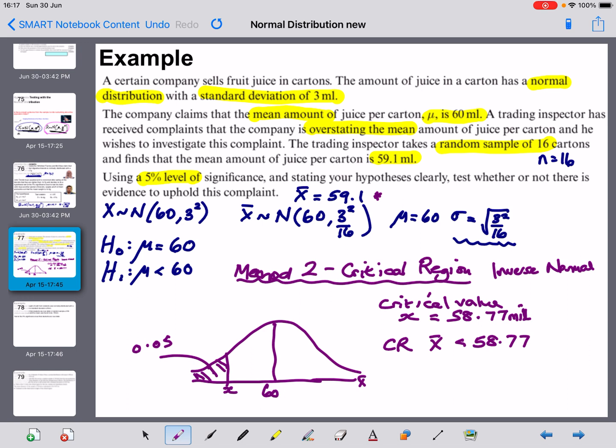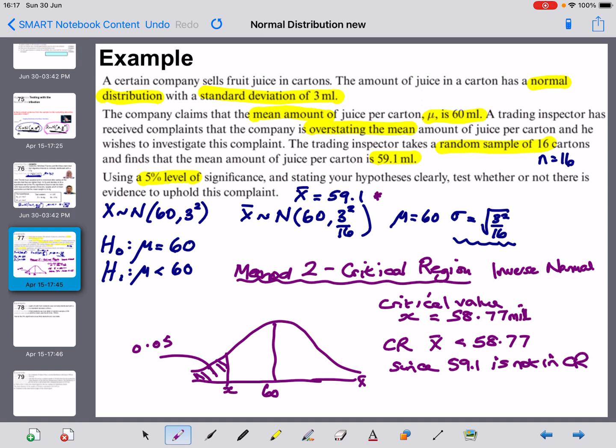Okay, and since 59.1 is not in the critical region, then we have the same conclusion as before. Okay, so 59.1 is not in the critical region, it's not small enough, it is not significant, therefore we fail to reject the null hypothesis and we cannot support the trade inspector's claim.